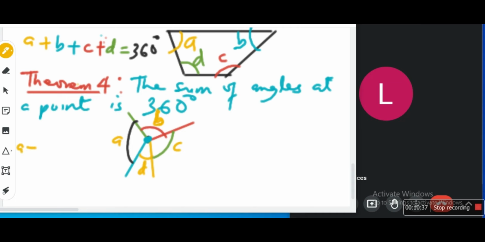So A plus B plus C plus D must give us 360 degrees. So if we know what A, B, and then C are, we can easily get D.